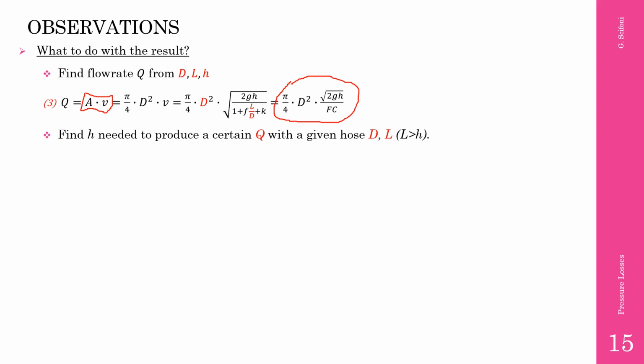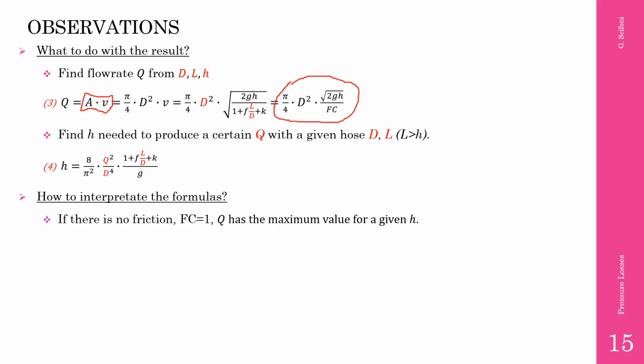Another way to proceed is to find the differential height needed to produce a certain flow rate with a given hose, and we can use formula number 4. How to interpret those formulas? If there is no friction, so the friction coefficient is 1, the flow rate has a maximum value for a given differential height.